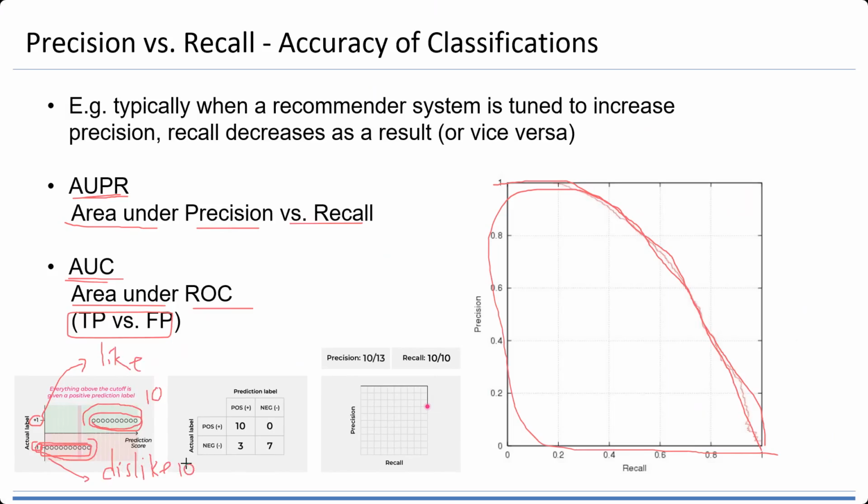If the model is good, then if the actual is positive, I hope the prediction is also positive, so I hope that it is 10. If the actual is negative, I hope the prediction is also 10.